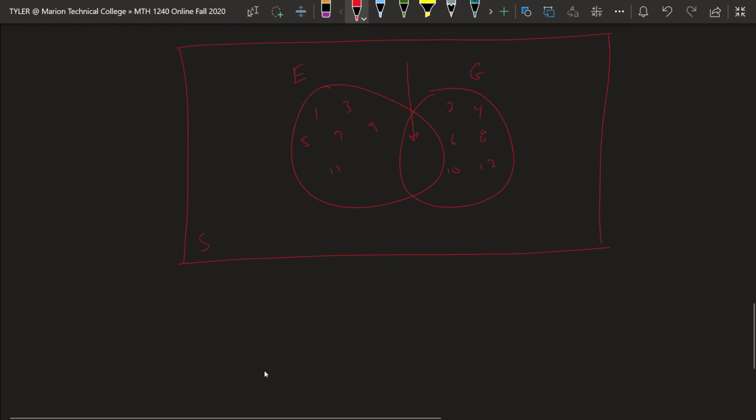In other words, I could redraw this Venn diagram where the circles have no overlap, and that would be perfectly fine too. This is just emphasizing that E and G is the empty set. There's no common elements. Okay.